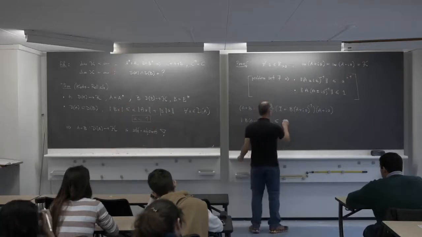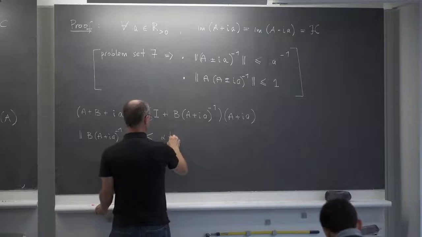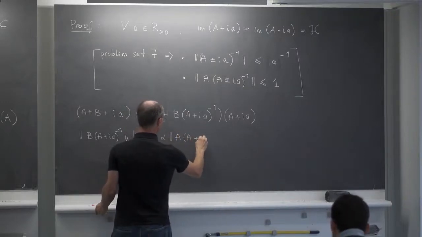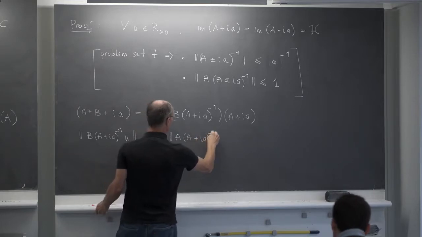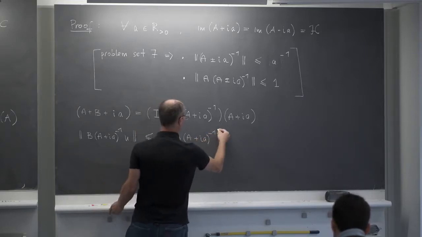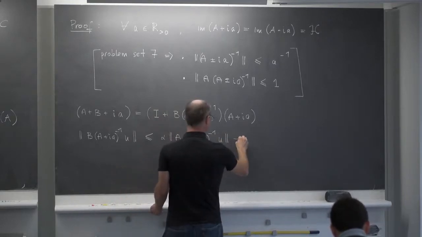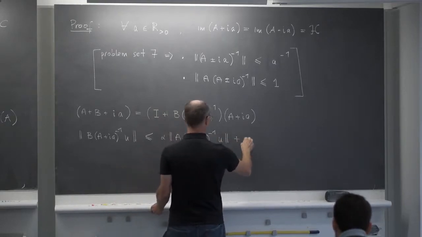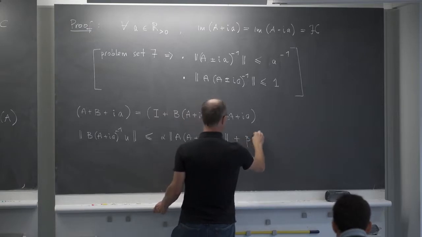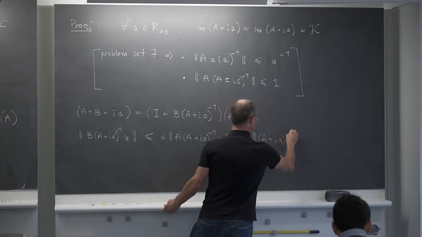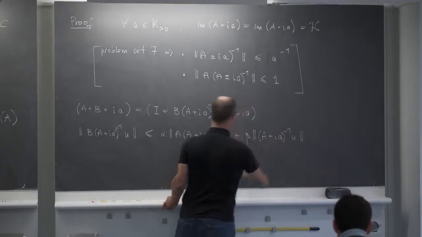So it's smaller than alpha times the norm of A (A plus iA) inverse u, plus beta times the norm of (A plus iA) inverse u.